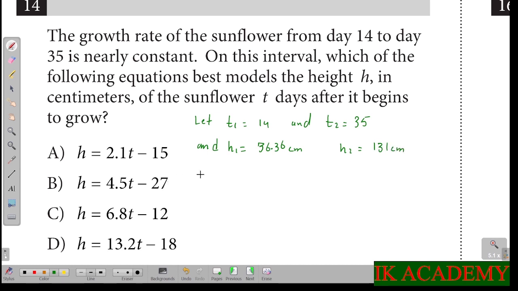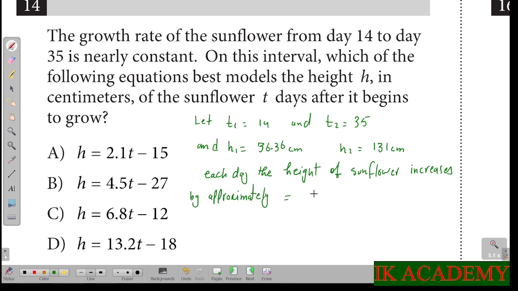Each day the height of the sunflower increases by approximately the change in height divided by the change in time.